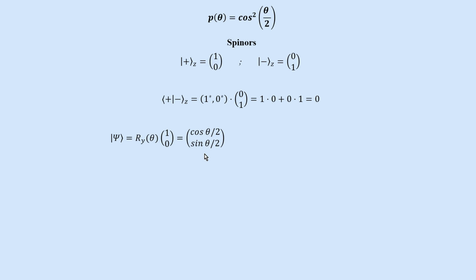This is a transformation. It might look like an observable acting on spinor (1, 0), that is on z cat plus. However, there is a subtle but decisive difference between a transformation and an observation. Therefore, the rotation matrix does not really represent an observable.